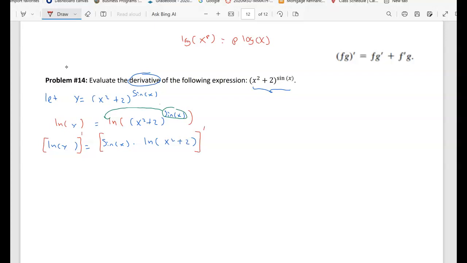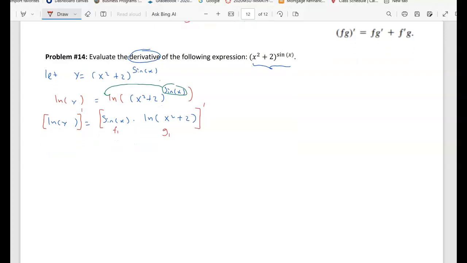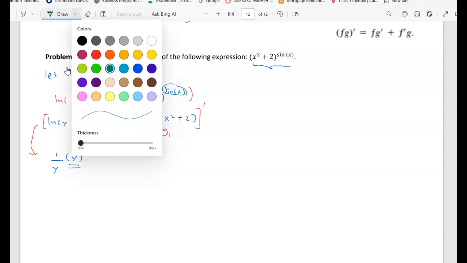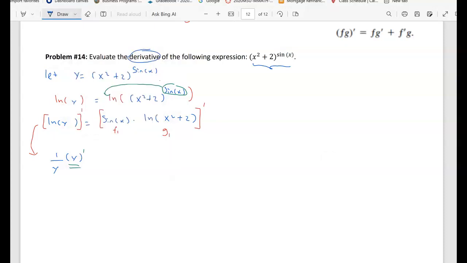We're going to have a product rule on the right hand side, so I'm just going to label this as f and g. And careful, because on the left, we're going to end up with a chain rule. The derivative of ln is 1 over y times the derivative of the inner function. On the right hand side, we're applying a product rule.